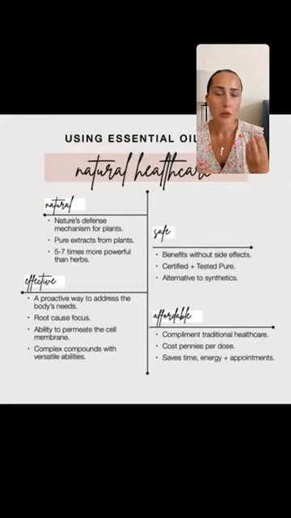So if you compare that with essential oil, it is also a lipid, like it's an oily structure, and it can penetrate into your cell and work with the problem, with the root, with the cause of the problem.